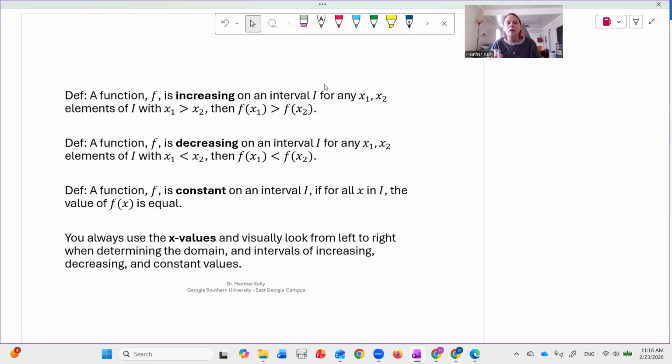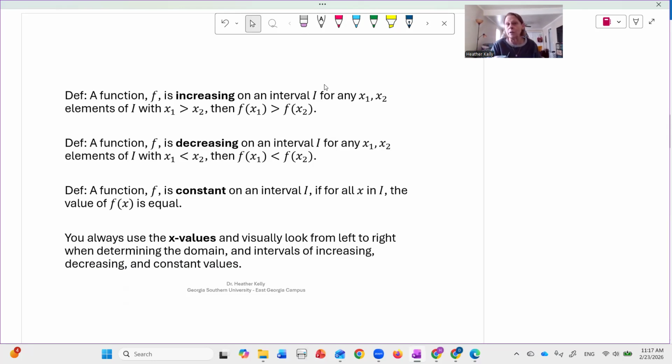Okay. A function f is decreasing on an interval I if for any x sub 1, x sub 2 elements of I with x sub 1 less than x sub 2, then the function evaluated at x sub 1 is always going to be less than the function evaluated at x sub 2. And then finally, a function f is constant on an interval I if for all x in I, the value of f of x is equal.